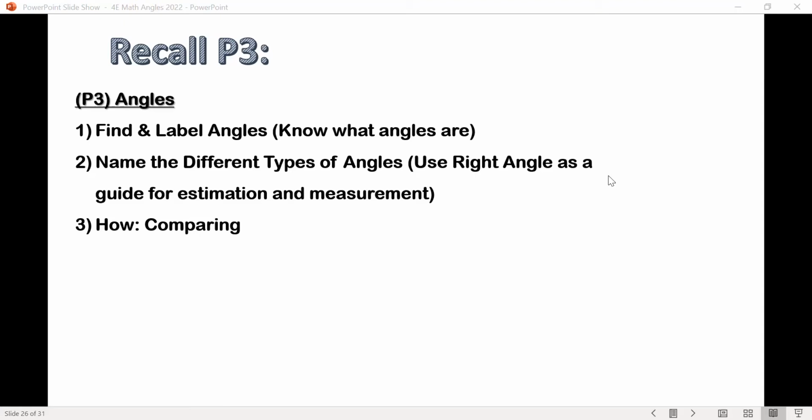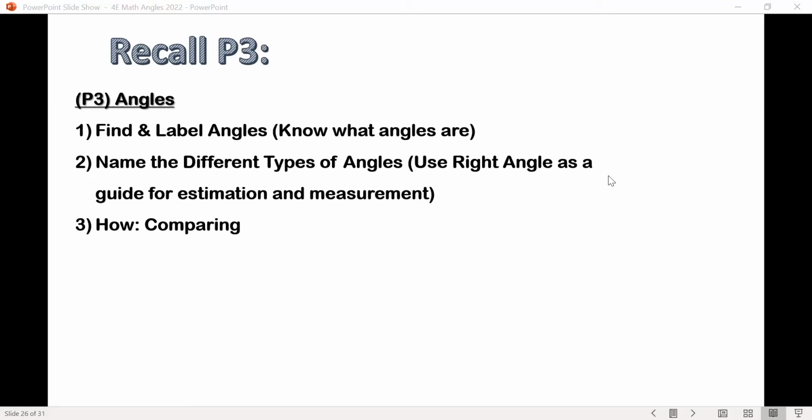And of course, there are more than just these 3 types. As you get up to the higher levels of primary, you'll get to know more types of angles. And the third thing is comparing angles. Like I said, you compare angles based on the right angle, bigger than a right angle or smaller than a right angle.